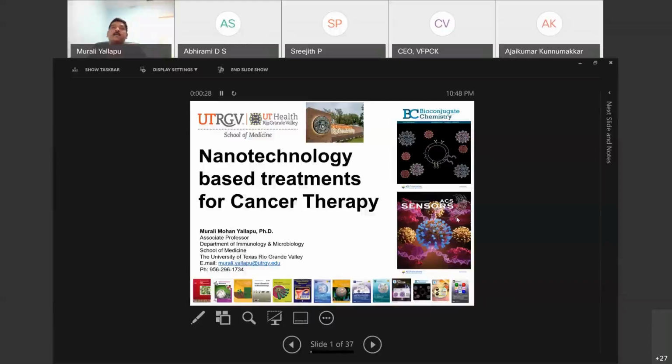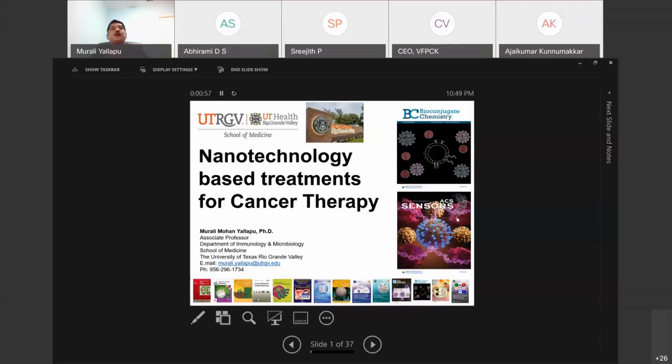And I'm happy to present our laboratory work based on nanotechnology treatments for cancer therapy. So here you can see various cover art work of our various concepts based on nanotechnology that has been applied for cancer therapy.